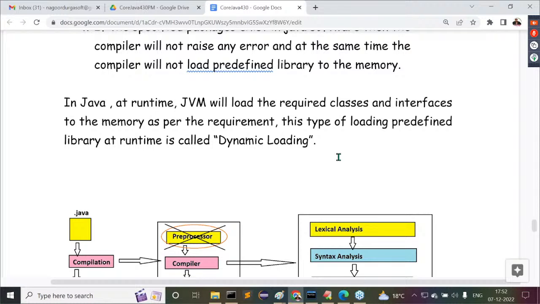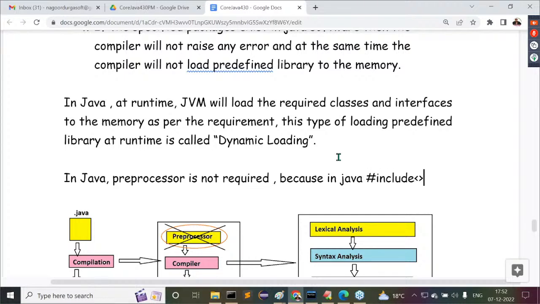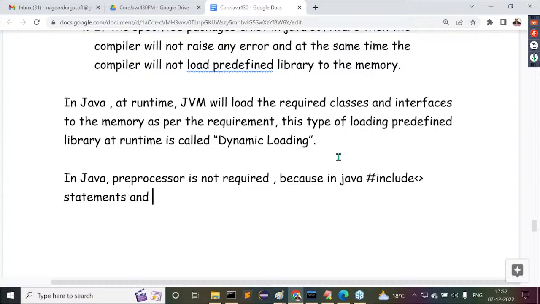So in Java, the preprocessor is not required. Why? Because in Java, hash include statements and header files do not exist.